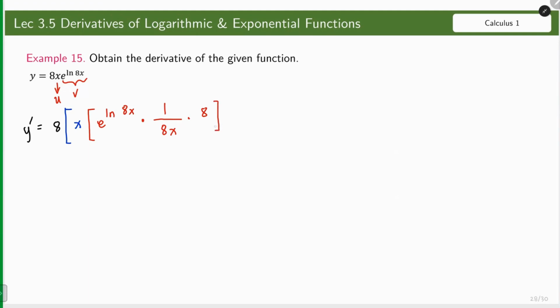Take note of the process. It's actually a chain rule. We actually use the chain rule here, but shortcut version. And then after that, we have plus V du, positive 1.